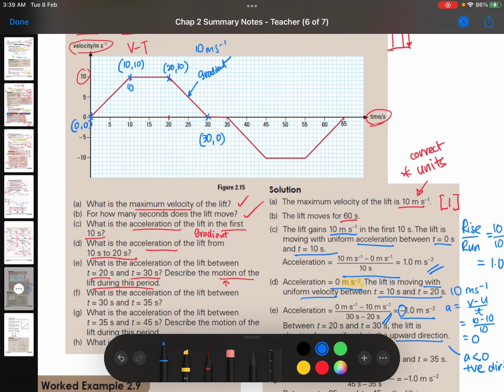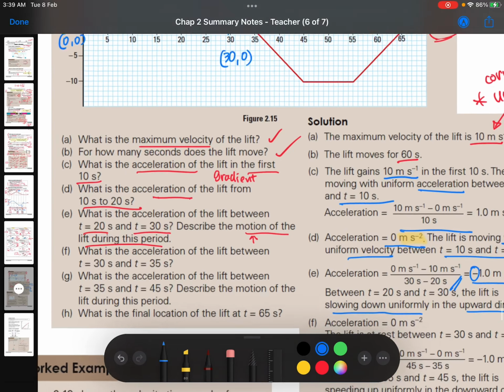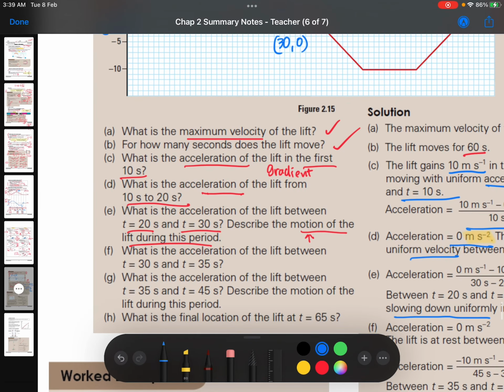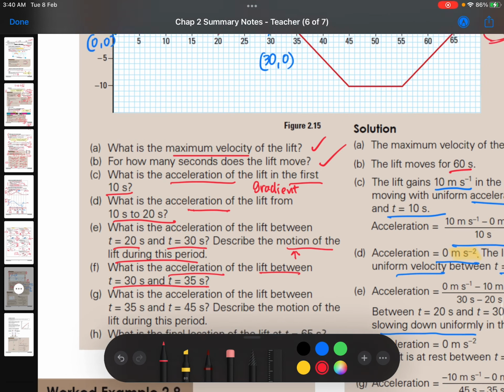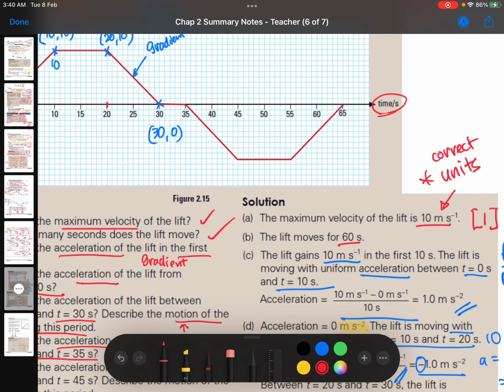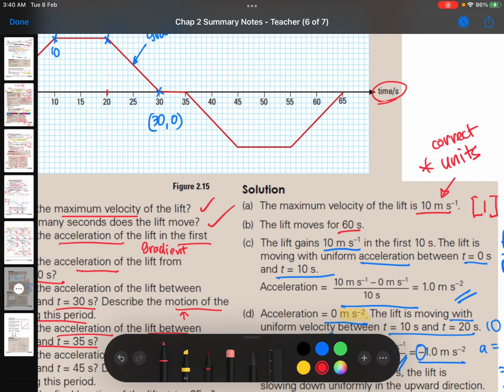Okay, now part F, they ask you what is the acceleration of the lift between 30 to 35. Let's look at 30 to 35. Okay, 30 to 35 is here. Let me change to blue pen first. 30 to 35 is 30, 0 and 35, 0.